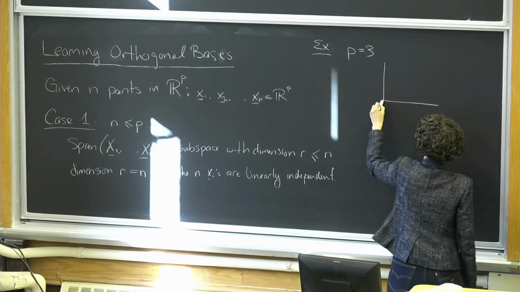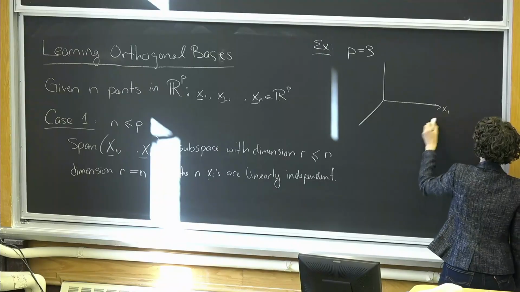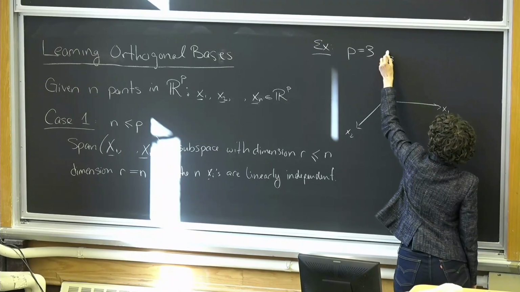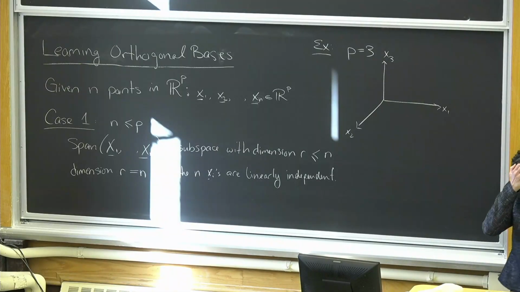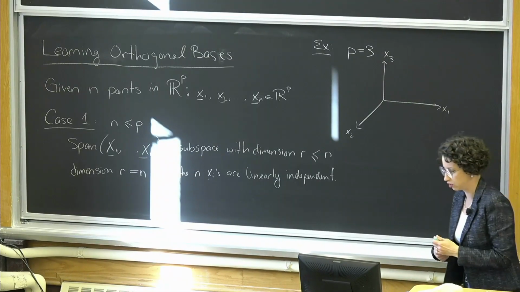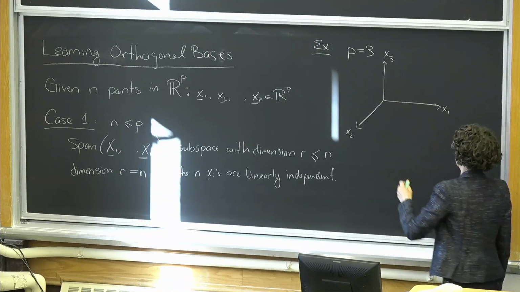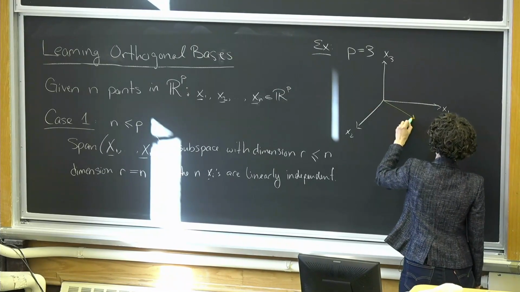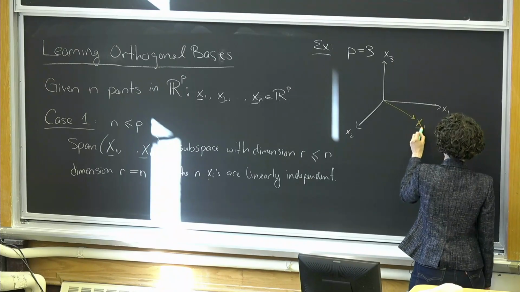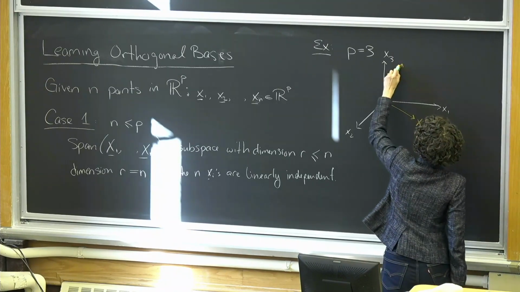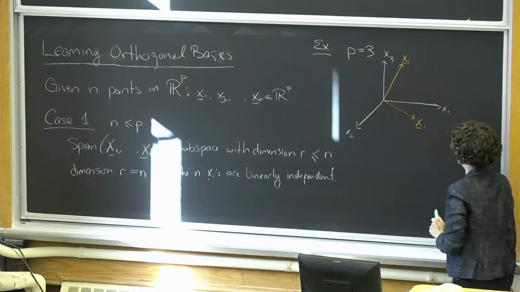So here's one possibility where here's our first coordinate x1, our second coordinate x2, our third coordinate x3, and then we consider some vectors that we might have in this space. So one possibility is that we get two vectors. Our first vector here is x1, and our second vector maybe is x2, like this.